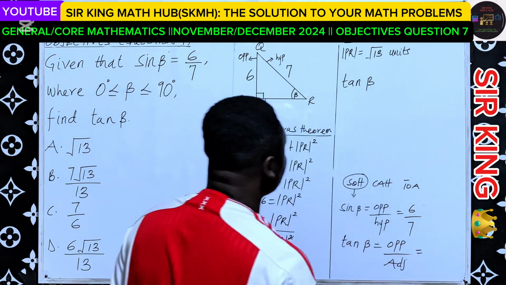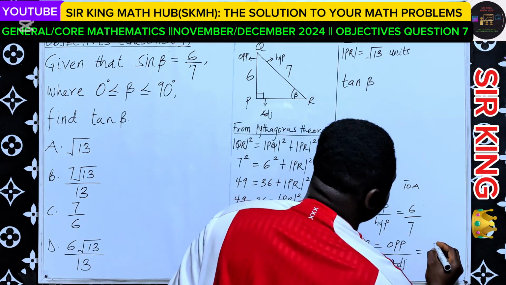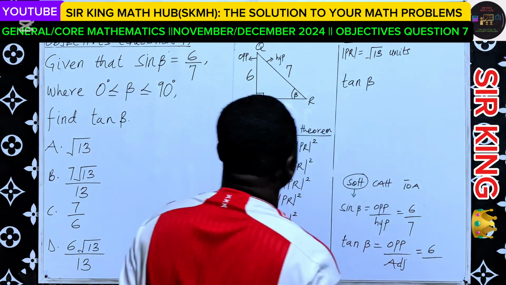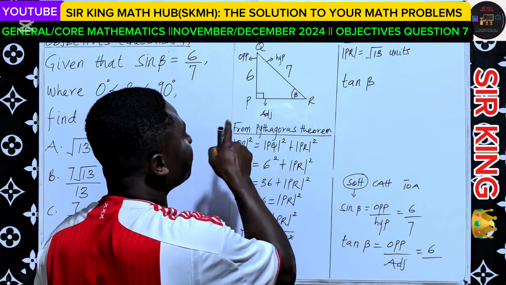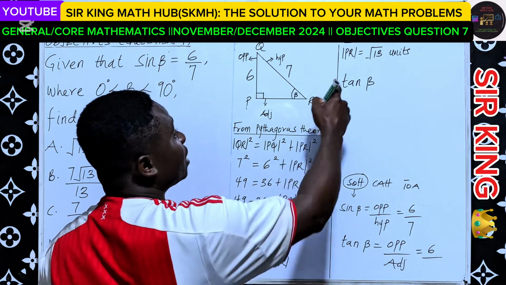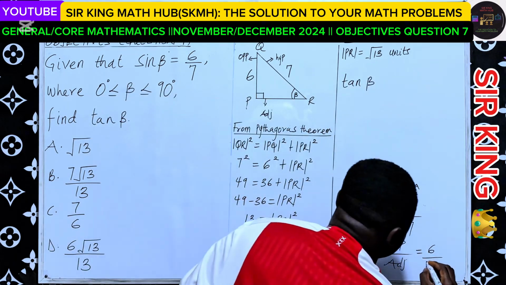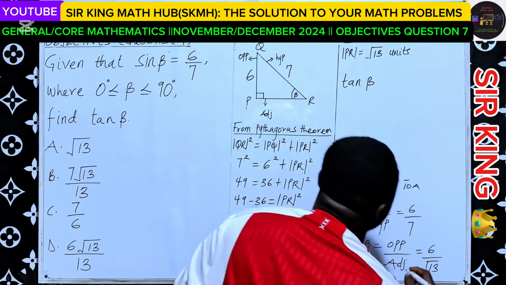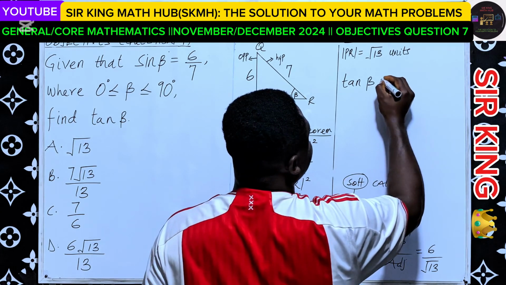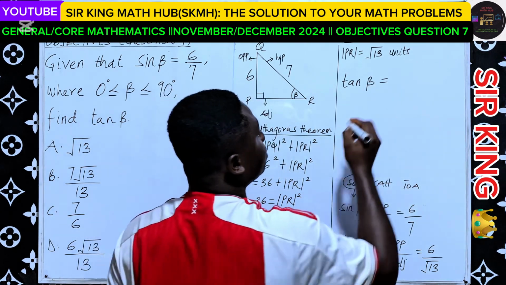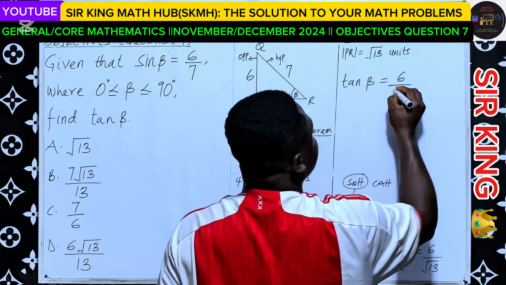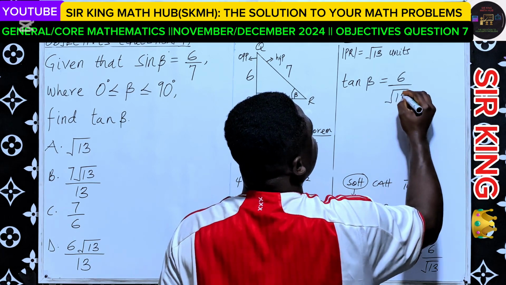We know the numerical value of the opposite is 6, and the adjacent is what we calculated as root 13. So tan beta is equal to 6 out of root 13.